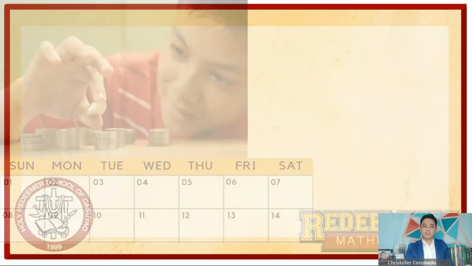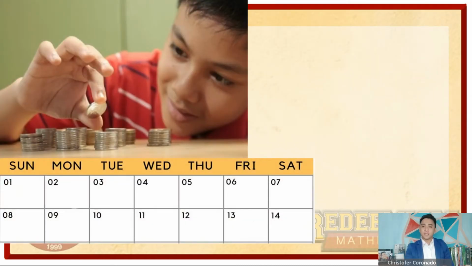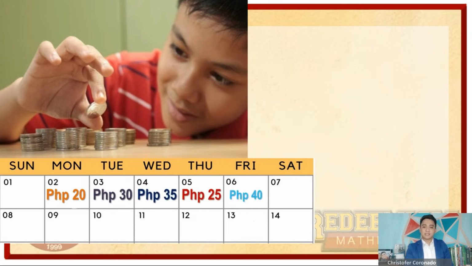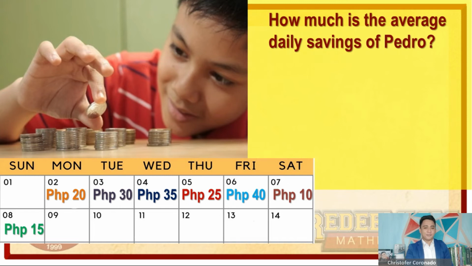Now, try this. Suppose the following are the amount of money Pedro saved for 7 days. On Monday, he saved 20 pesos, Tuesday 30, Wednesday 35, Thursday 25, Friday 40, Saturday 10, Sunday 15. How much is the average daily savings of Pedro? You have 15 seconds to answer.